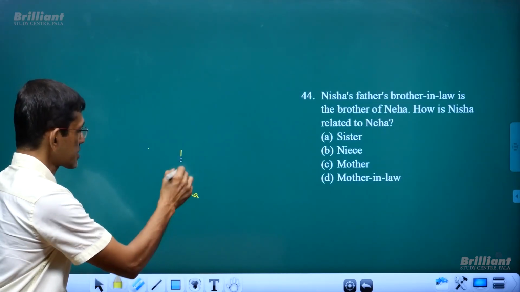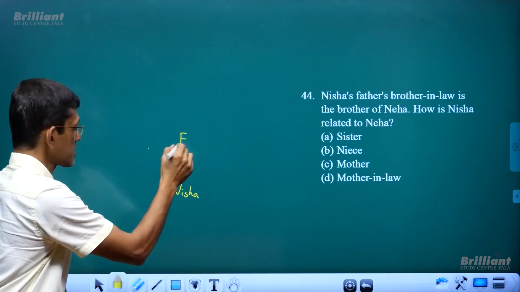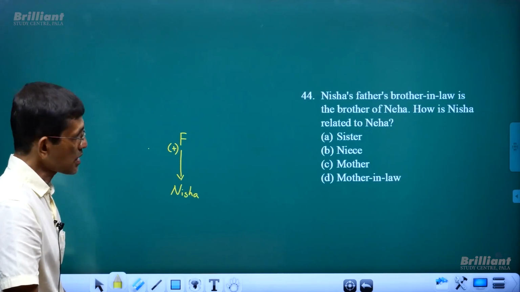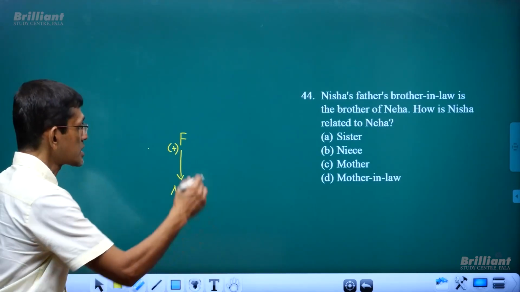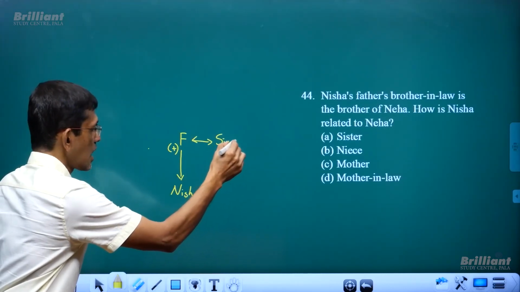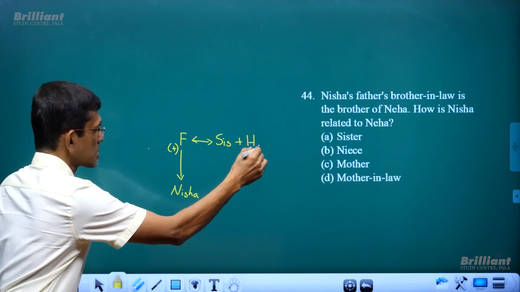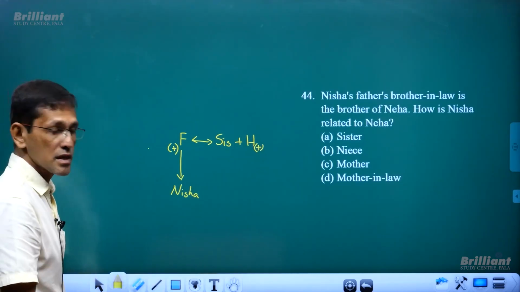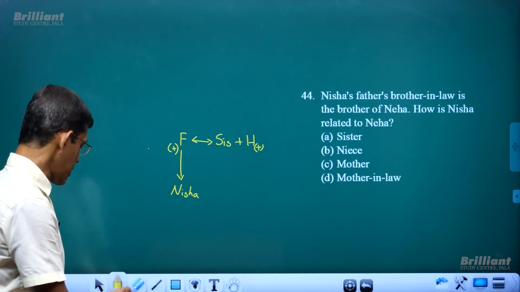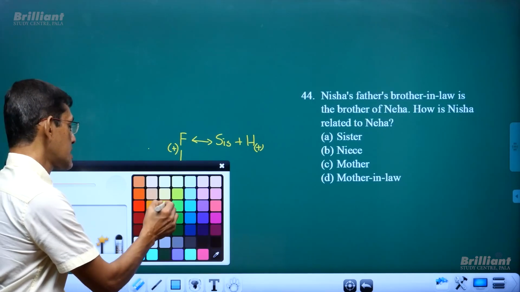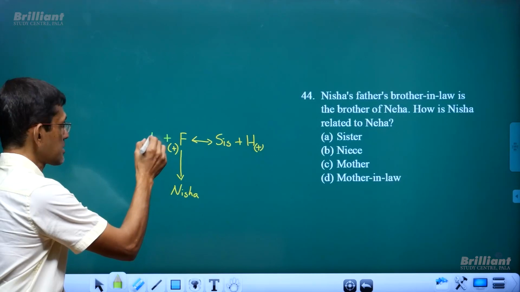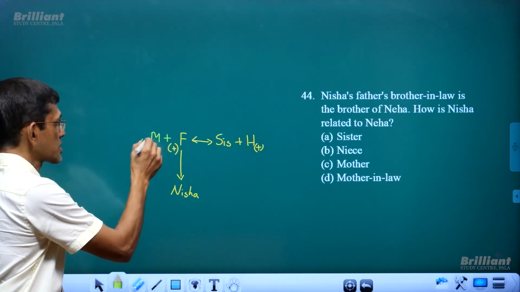Nisha's father's brother-in-law can be Nisha's father's sister's husband. Right? There is another possibility. Nisha's father's brother-in-law can be Nisha's father's wife's brother, that means Nisha's mother's brother.